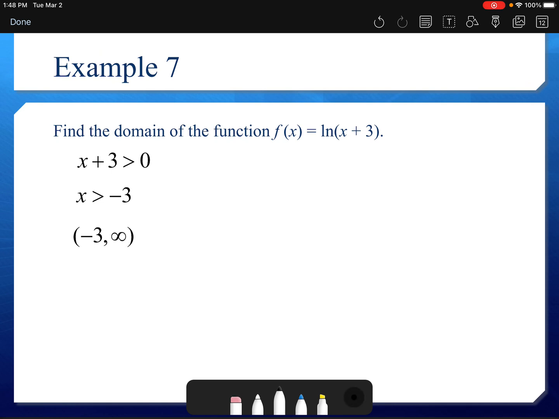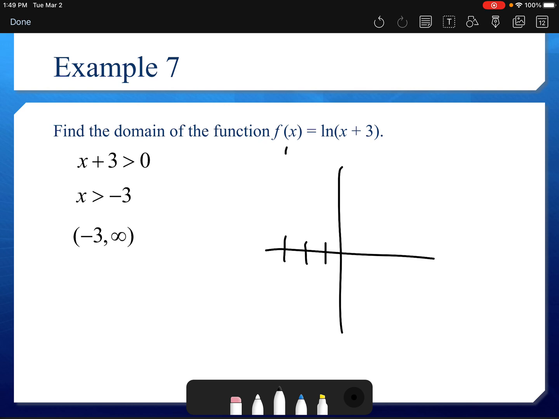Now we can also graph these things. If you would take your calculator and go to y equals, and just put in natural log of x plus 3, and hit zoom 6, and look at your graph. You will notice now it's a little bit different than what we're used to.